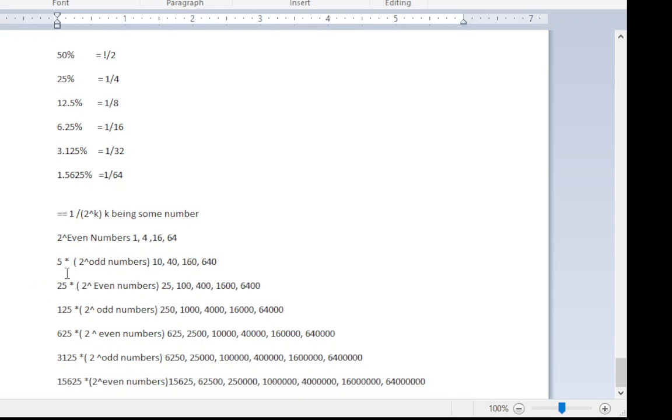And then I noticed 5 times 2 to the power of odd numbers is a replicating pattern: 10 to 100 to 1,000, and it's alternating.